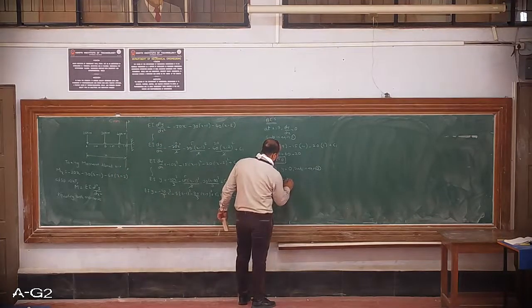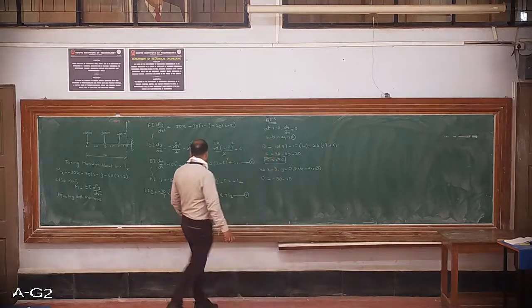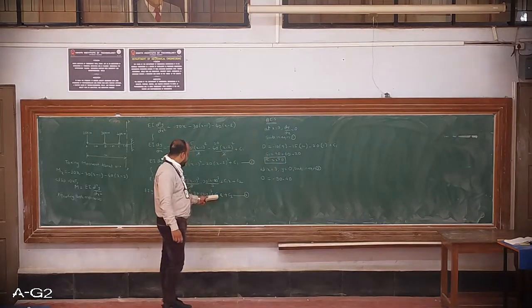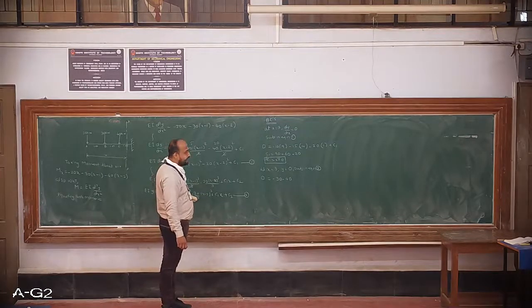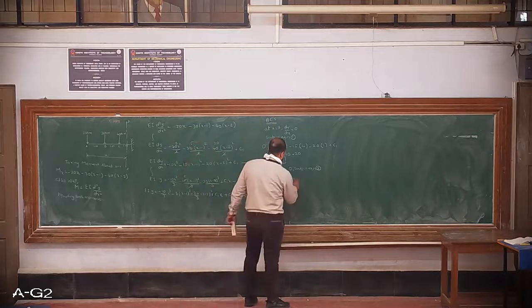So minus 40. Here, 3 minus 2 is 1, 1 cube is 1. So 20 by 3 as it is, minus 20 divided by 3.